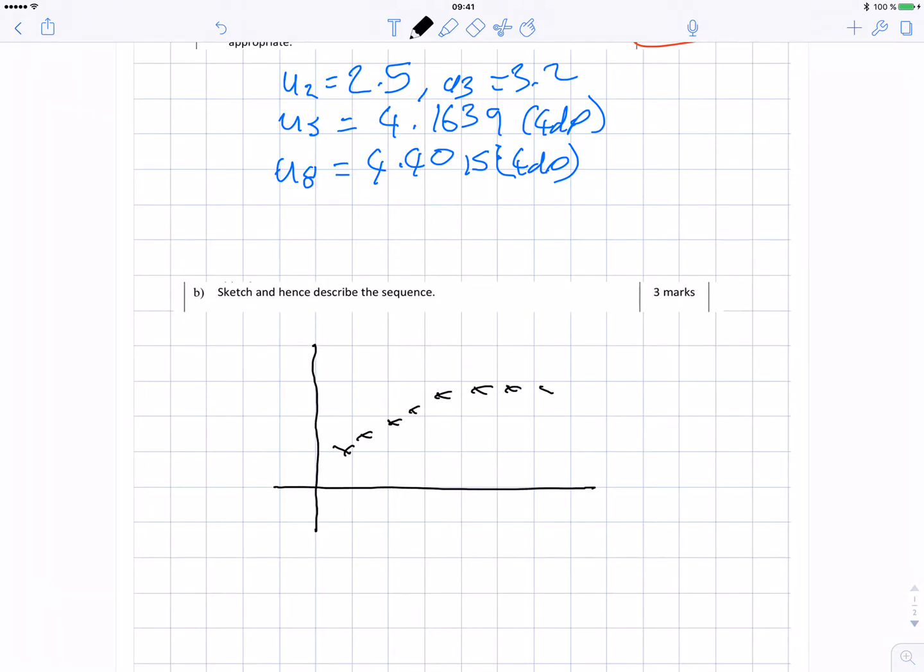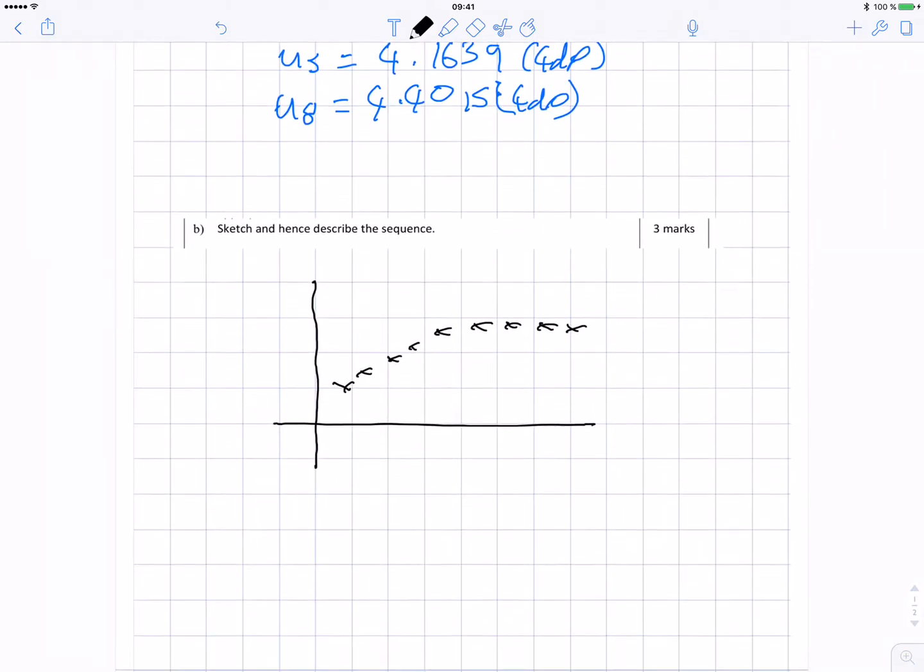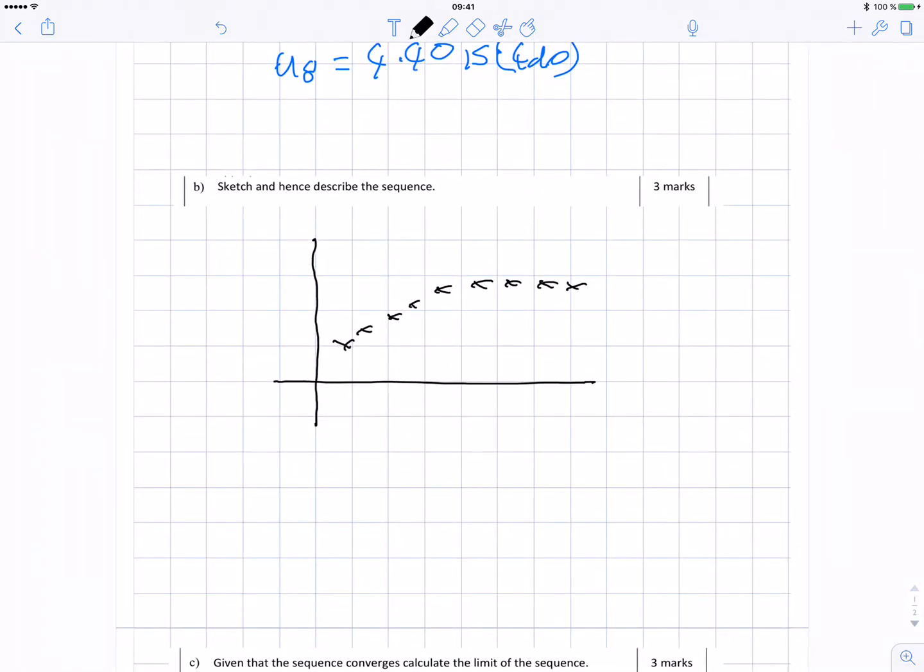It's something like this. So it's a converging sequence. And using my table of values, it looks like it's converging to 4.41 something.